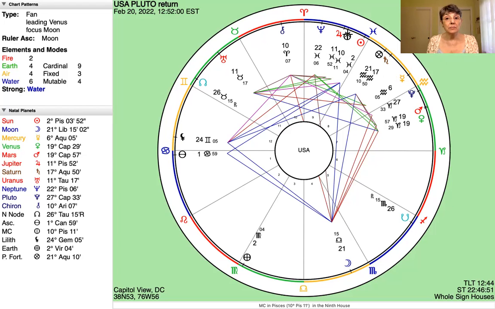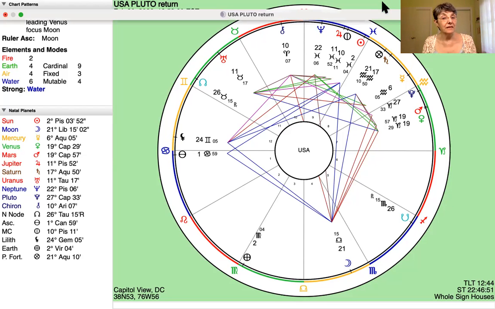The midheaven is in Pisces, which means the crises, as I said, may affect the image the country has in the world, and even the whole world, because of this boundless prominence, or the boundless identity out there in the public view, right?